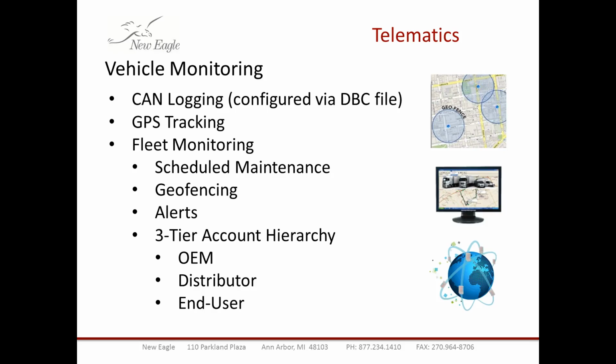We also have geofencing available. Geofencing is basically, if you look at this picture on the top right here, you establish an area on a map that the vehicle will be moving in or out of, and you can get alerts set up when a vehicle crosses that threshold, crosses that boundary.